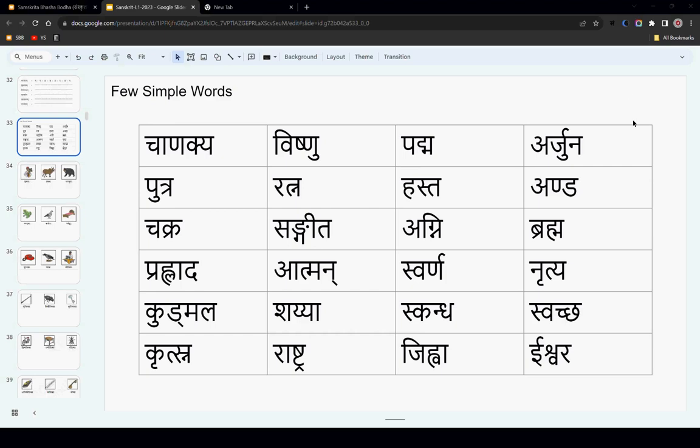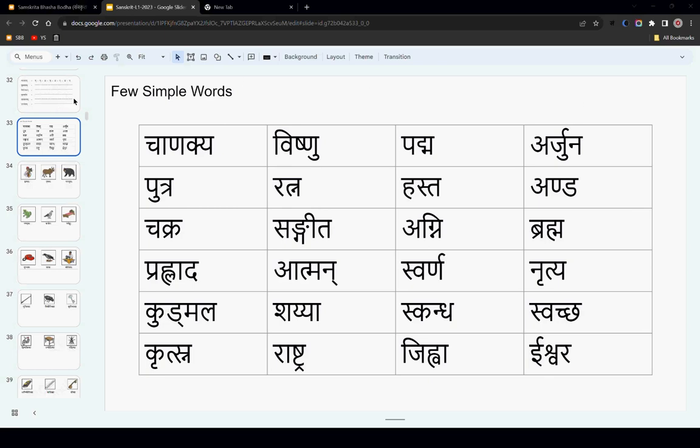So, Seema Mahoday, can you please read all the words on the screen? Chanakya, the first row. All of them. Vishnu, this I can't make out after Padma. Arjun, Putra.